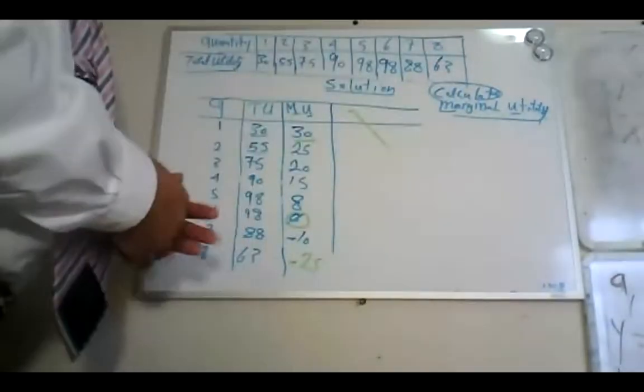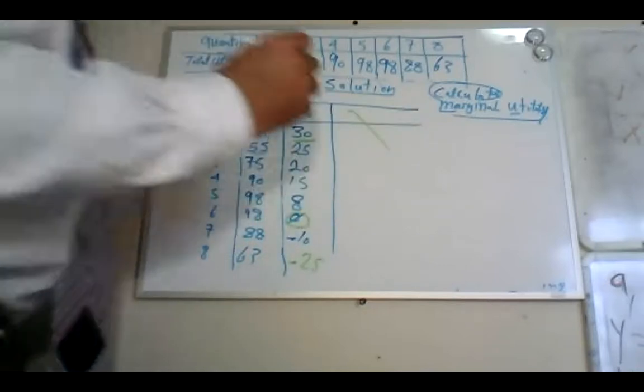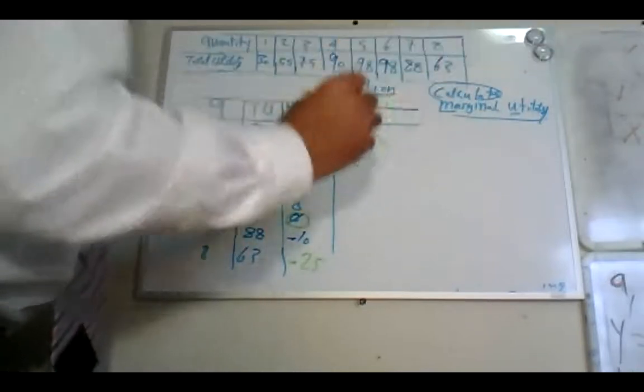The relationship between both of them is very clear. When I go from the marginal to the total, I will add. Let's write it like this now.